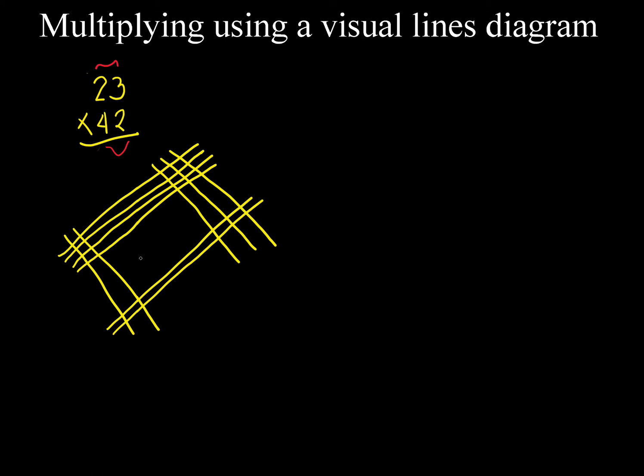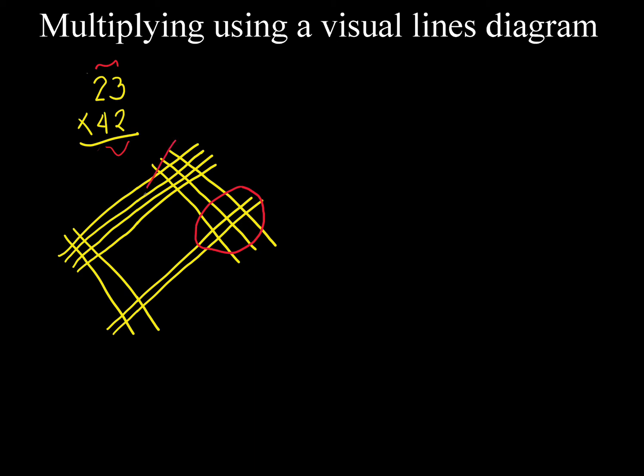Our next step is we are now going to group them. If you notice, the lines are actually intersecting, and those intersections are what we're really focused on. This set of intersections will represent our ones or our units.